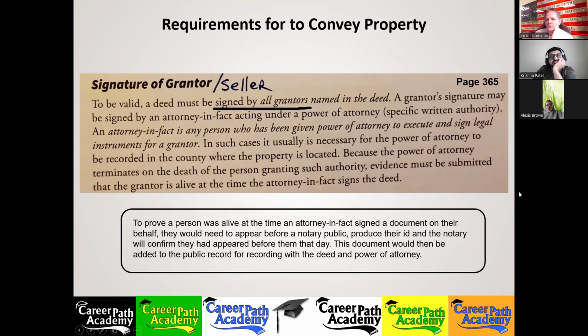How do we prove that the person was alive at the time the attorney in fact signed the deed?